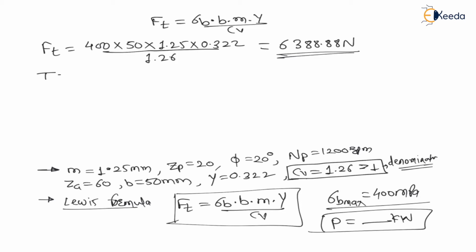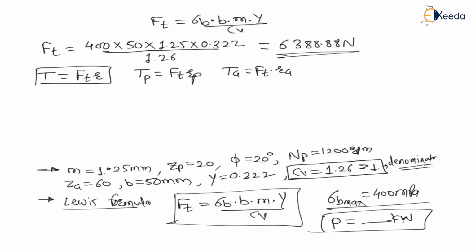Now once you calculate Ft, you can calculate torque. Torque I am representing with T. Torque is equal to tangential force into radius. If I want to find torque transmitted by pinion, I have to multiply with the radius of pinion. If I want to find torque transmitted by gear, it is tangential force into radius of gear.